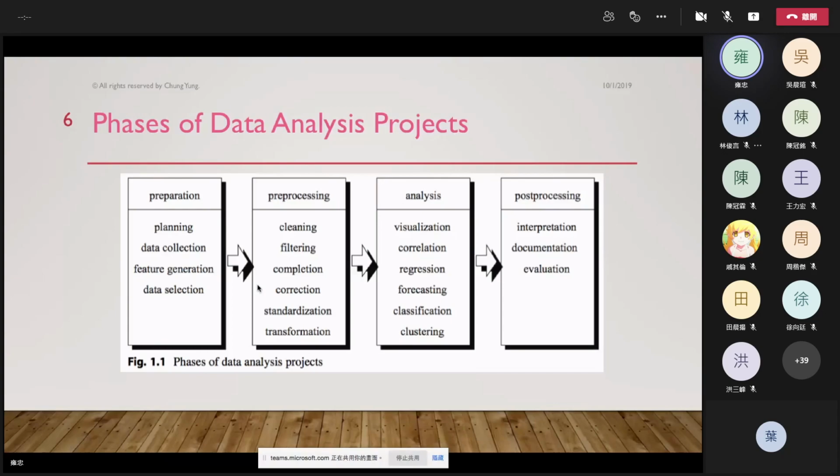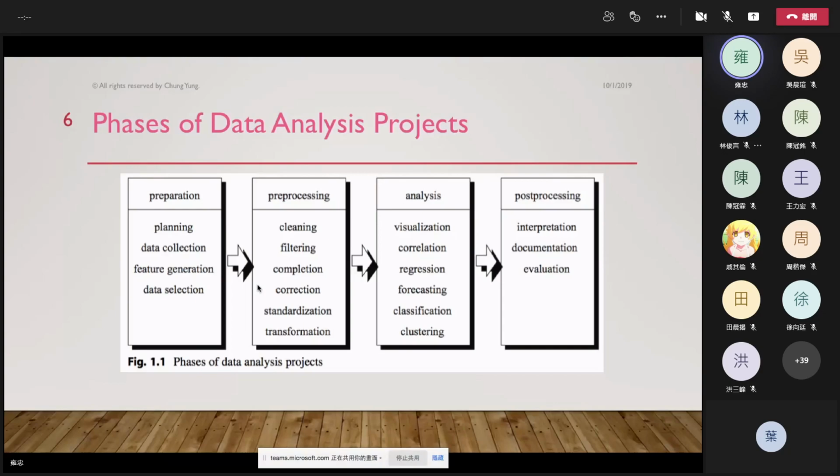For example, for the data of weight, in some countries they store weight data in the unit of kilogram, and others might use pound. Then we need to standardize or transform them into a unified scale.